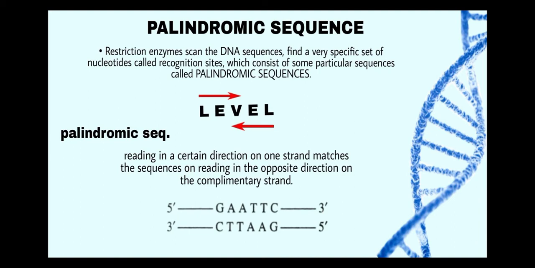Let's take an example of the word level. Level. Level. Reading it in one direction matches the reading in the opposite direction. Just like this, palindromic sequences are. Reading of the sequence in a certain direction on one strand matches the reading in the opposite direction of the complementary strand of DNA.